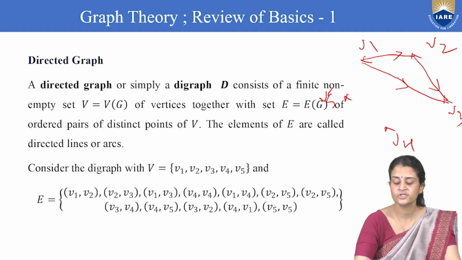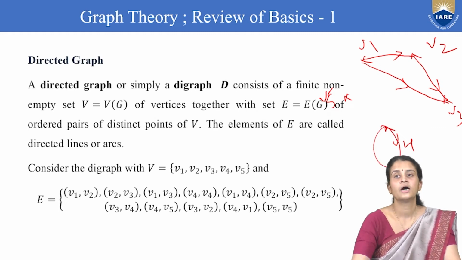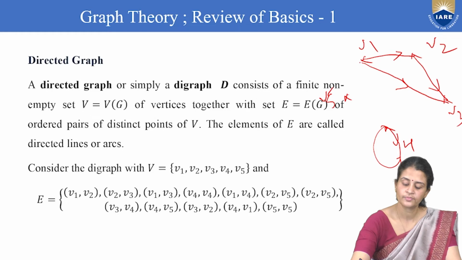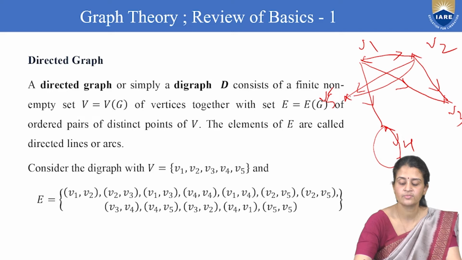V4 is joined to itself, means it forms a loop. And then V1 is joined to V4. Then V2 is joined to V5. Again V2 is joined to V5, another line. That is a multiple edge in the same direction.